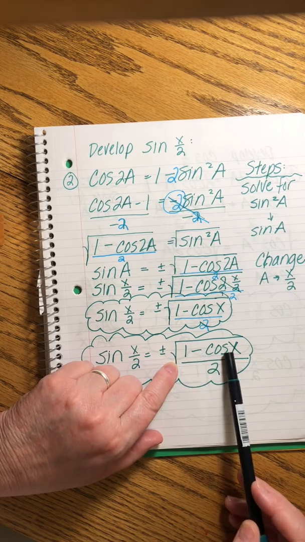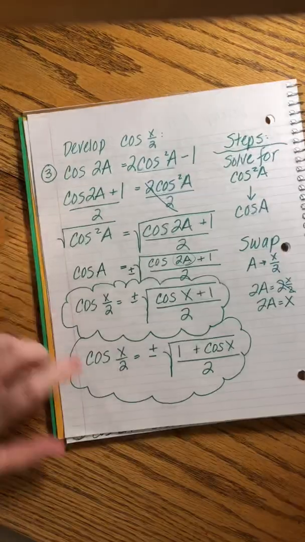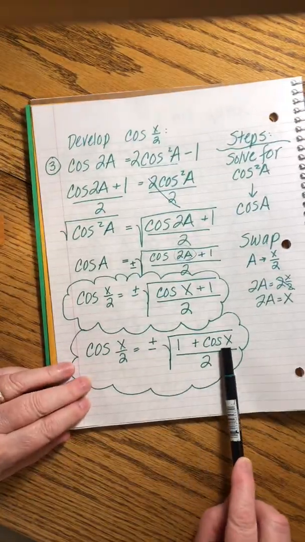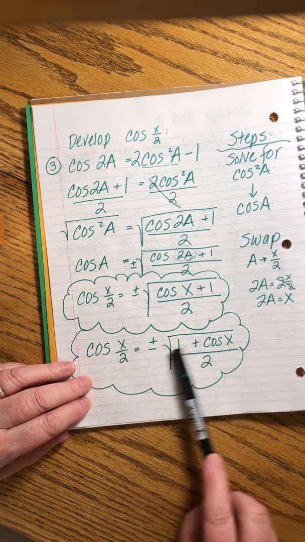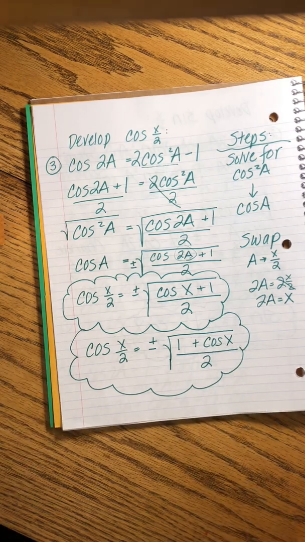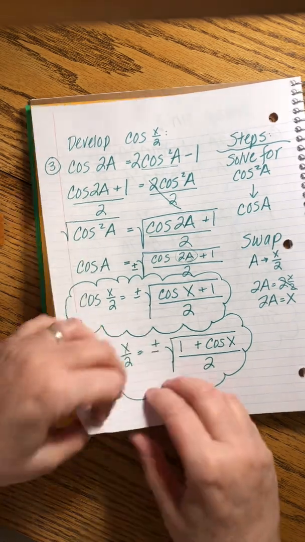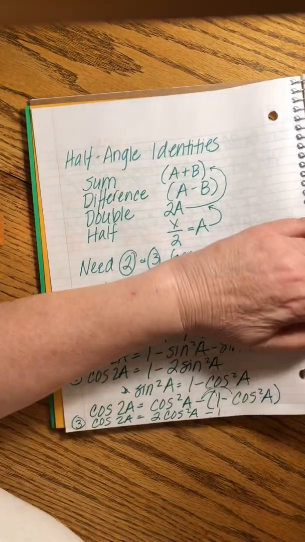We have 1 minus cosine x. So that's why when people look at the cosine half angle, they like to see 1 plus cosine of x. Preserves the order, changes the sign. That's why this one is considered just kind of preferable. Most people just think that looks a little bit better. It parallels the other one a little bit better. It just looks nice.